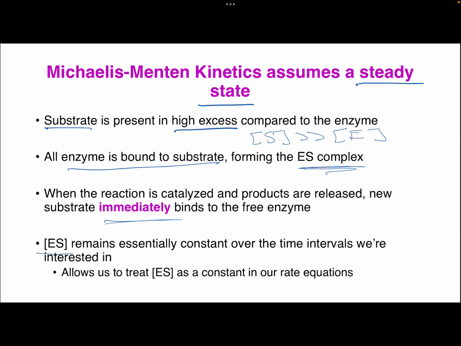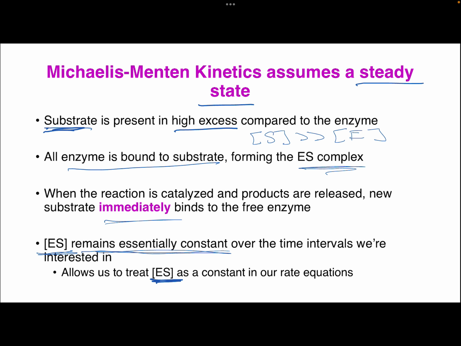So our enzyme substrate complex concentration is remaining essentially constant over the time intervals that we're looking at until we start to really deplete the substrate. But everything that we're doing is assuming that we have very high substrate. And this allows us to treat our enzyme substrate complex concentration as constant in our rate equations.